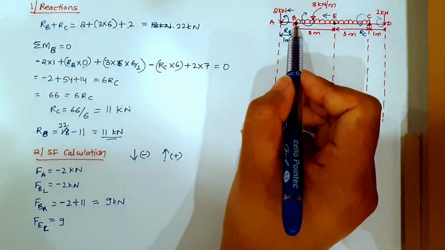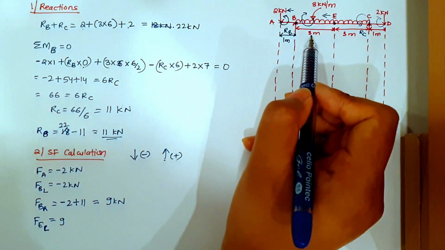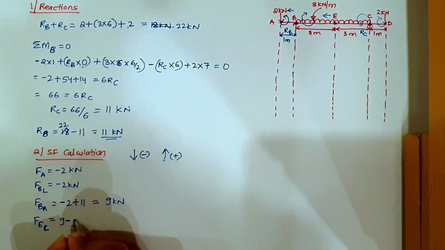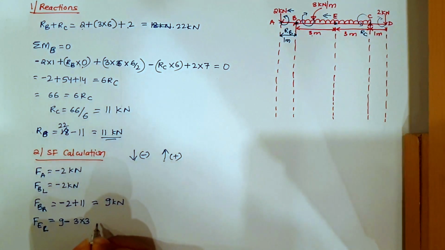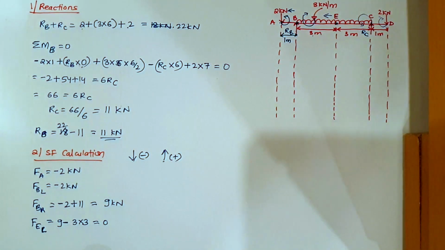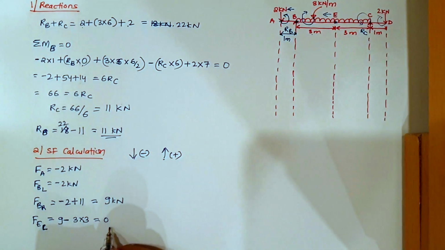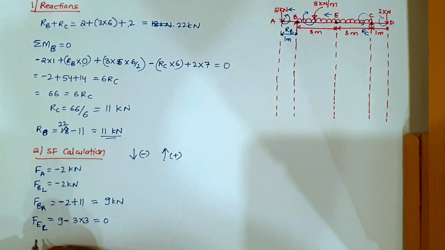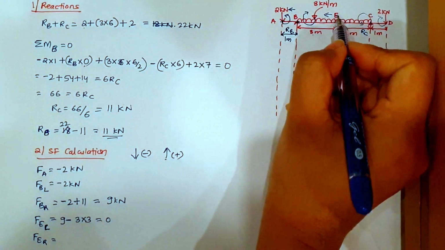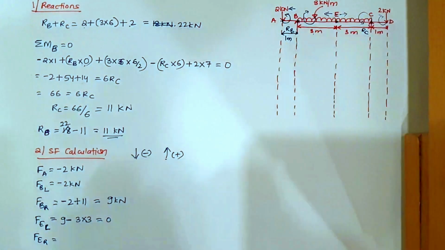So we have UDL moving for a distance of 3 meters till E. So minus 3 into 3. So this is coming 0. Force at E is coming 0. Now let us find force at E to the right hand side of E. Right hand side of E is this direction.